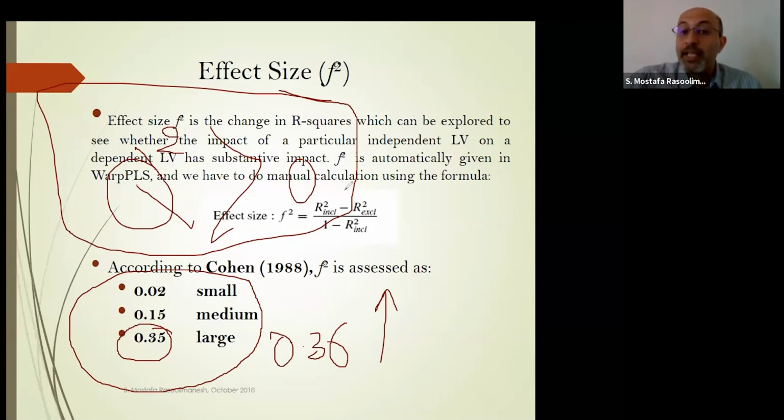Still, when Q square is higher than 0, it is acceptable. So we only need to check this one. But the higher the better. When the value of Q square is high, it means the predictive validity, predictive capability of our model is higher.